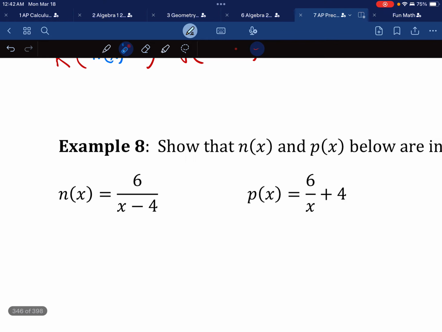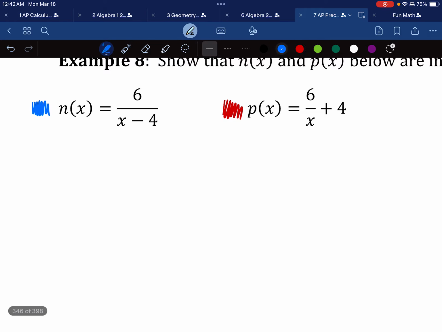So again, you just plug each of these functions into each other. Let's go ahead and color code this so I can make sense of what's going on. This is blue. This is red. Let's see what happens. If I have n of p of x, and if I have p of n of x, I need to check both of these to see what happens.